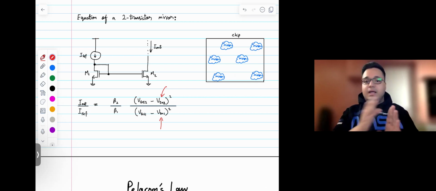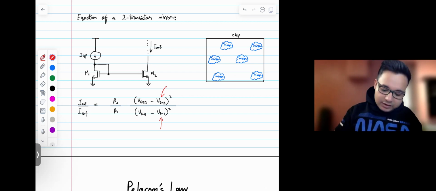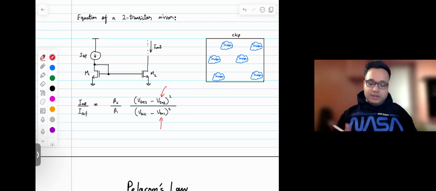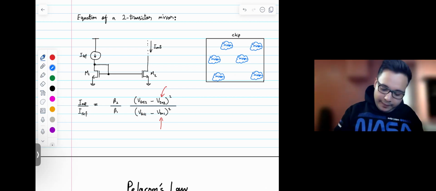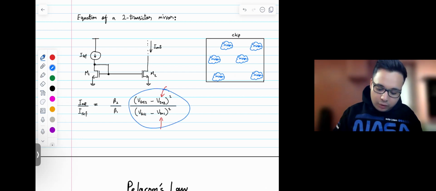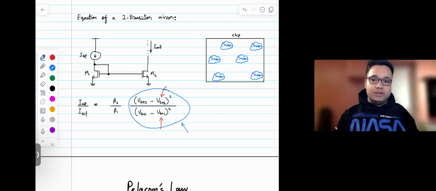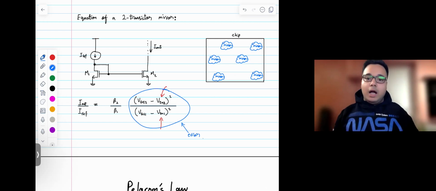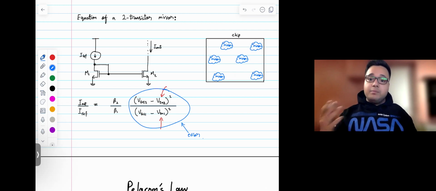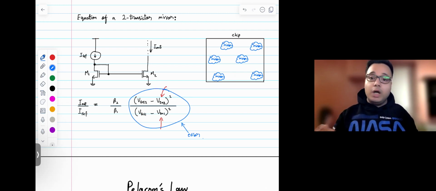Even if it's slightly different, you can't really cancel out the overdrive voltages like we did in an ideal case. So this term cannot be canceled out, and this is an error term, caused by the random mismatch between VTN1 and VTN2.